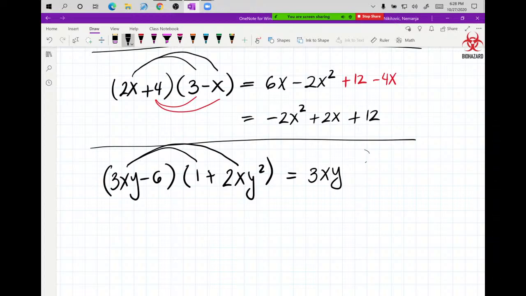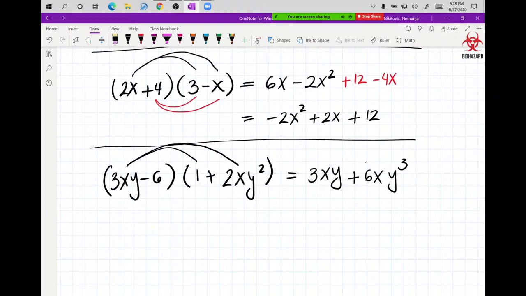And then now I have a 3xy times 2xy squared. 6xy to the third. So positive 6xy to the third. There is one thing that we have to fix here.